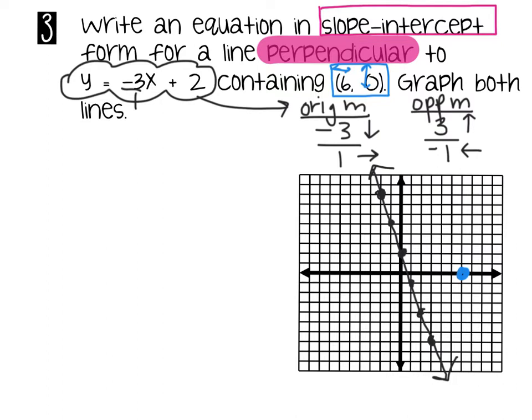If you remember from our work earlier and in your flip book, perpendicular lines meet two qualifications. Their slopes are opposite signs and their slopes are reciprocals.